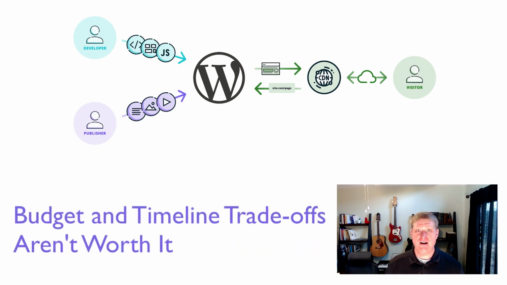As a second indicator, sometimes the overall timeline for a project or a project's budget can have implications into what type of deployment you or your agency can provide. While there are a lot of benefits to adopting a headless WordPress architecture, just the nature of decoupled applications means that we're adding in additional complexity.